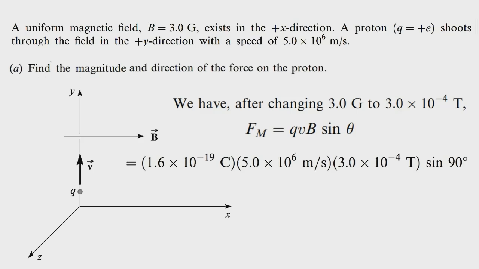Therefore, sine 90 degrees. So to answer letter A, the magnitude of the force on the proton is equal to 2.4 times 10 to the minus 16 Newton, and the direction of the force is toward the z-axis.